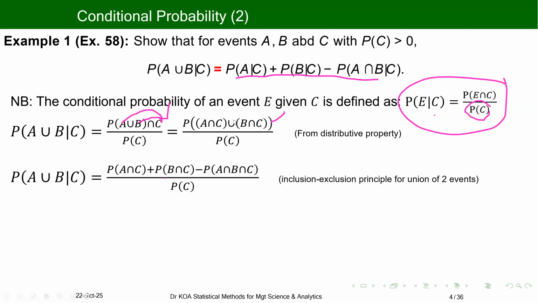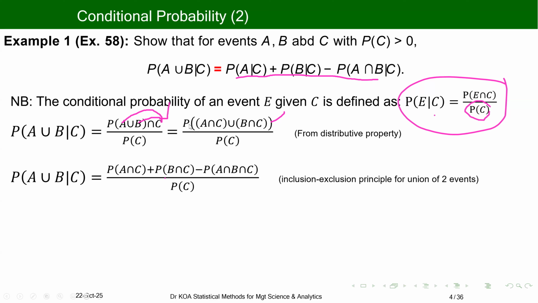But anytime you are dealing with union, that inclusion-exclusion principle of union of events, in this case, we are assuming that the two events are not what? Are not joint. They are not joint. Yes. That's why we are taking off the intersections.